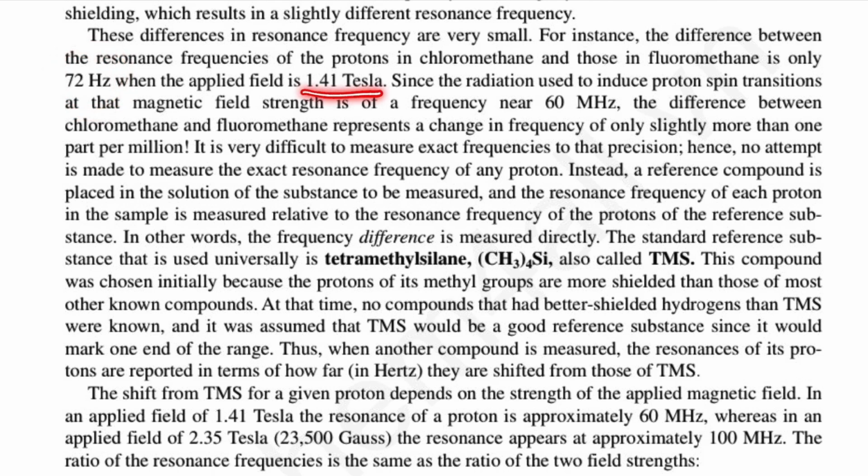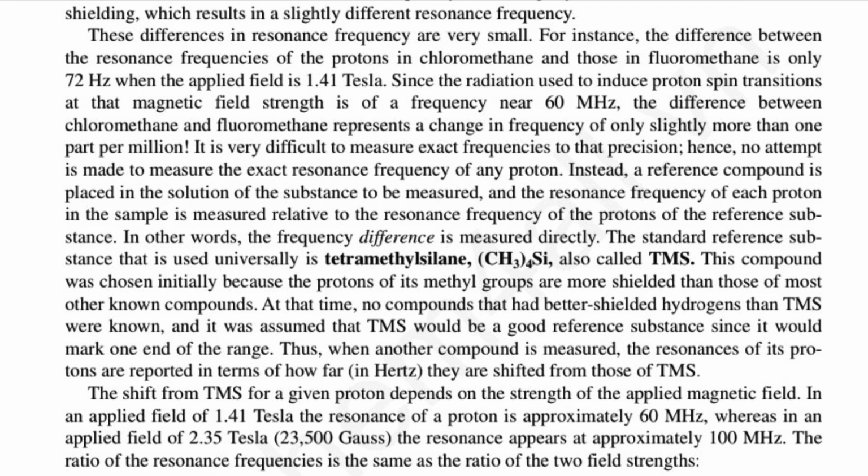Remember that when we apply 1.41 Tesla of external magnetic field, chloromethane has a different environment and fluoromethane has a different environment. So the difference between these two chemicals is only 72 hertz in their NMR spectrum.